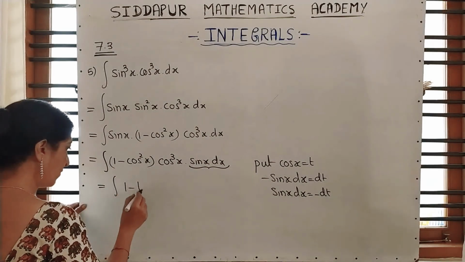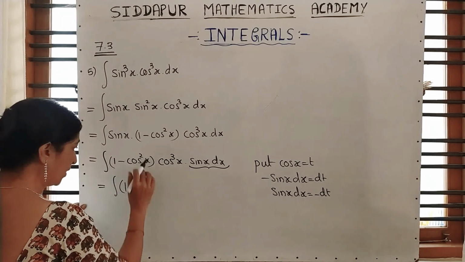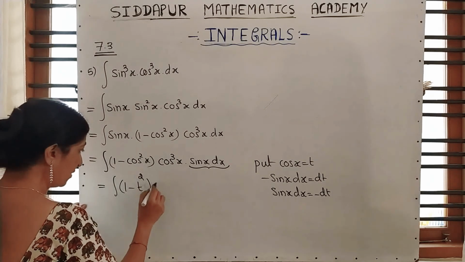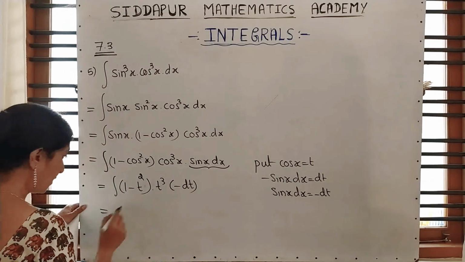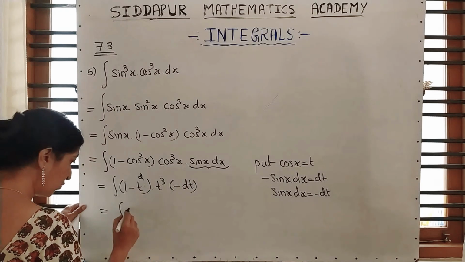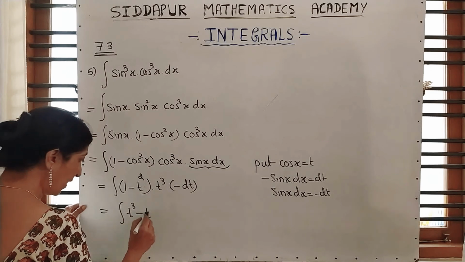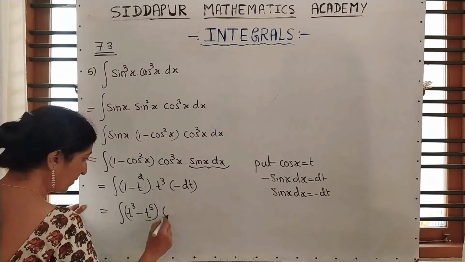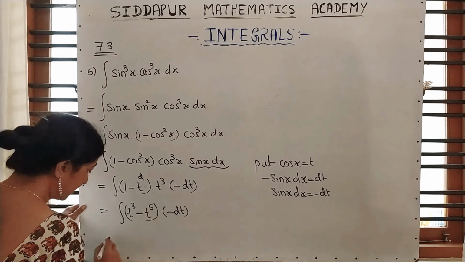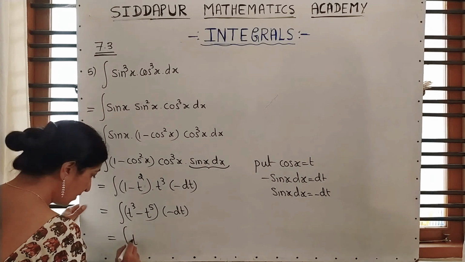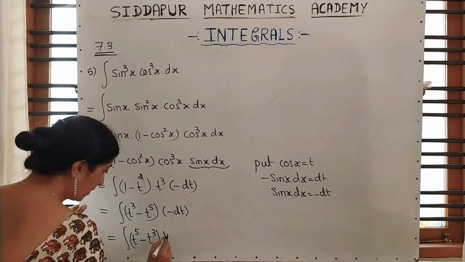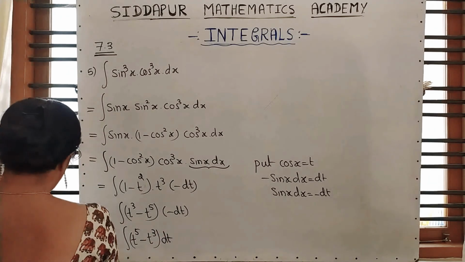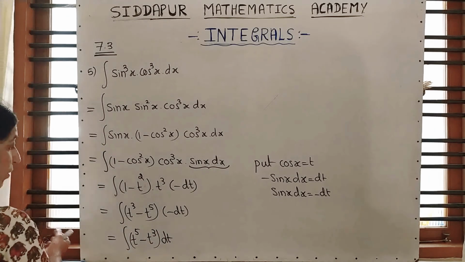This is 1 minus t square into t cube into minus dt. So remove the bracket, take t cube inside. It is t cube minus t raised to 5, minus dt. In the next step, I took minus inside. It is t raised to 5 minus t cube into dt. If you are thorough, directly you can take both the terms inside the bracket.